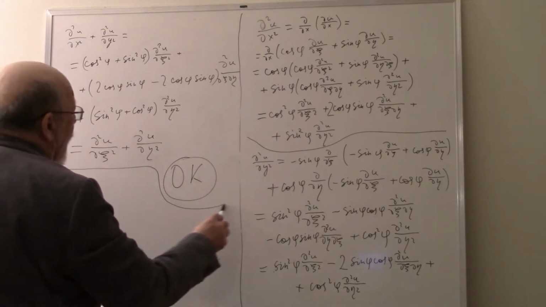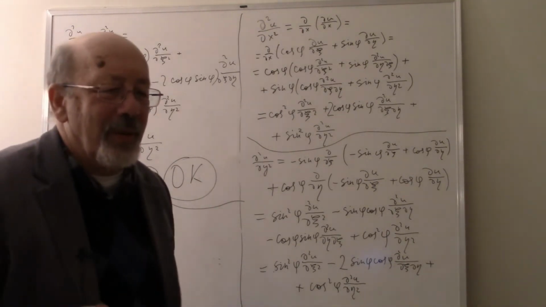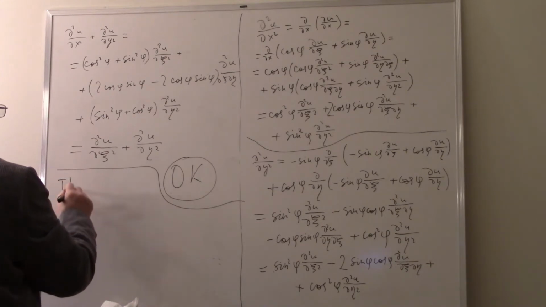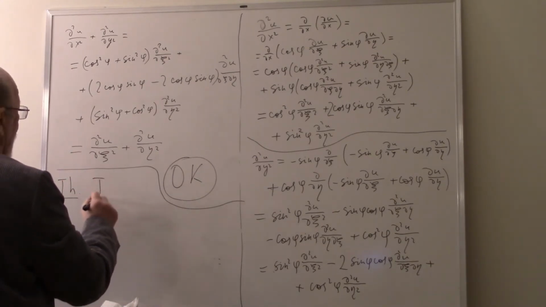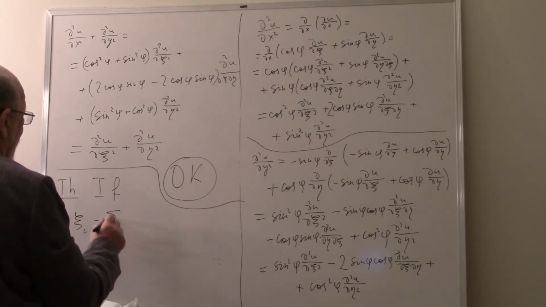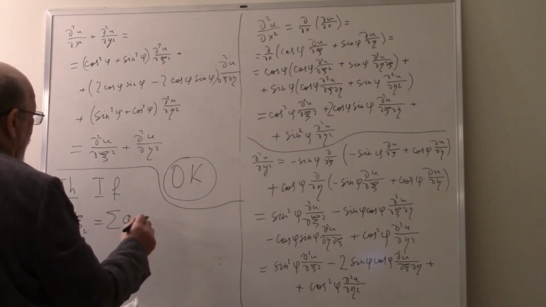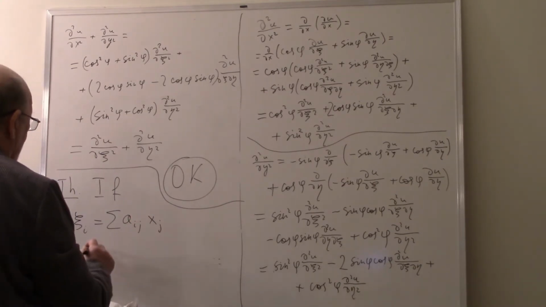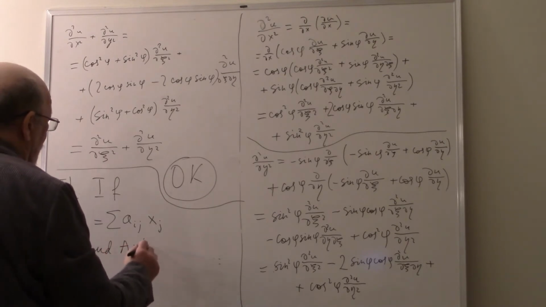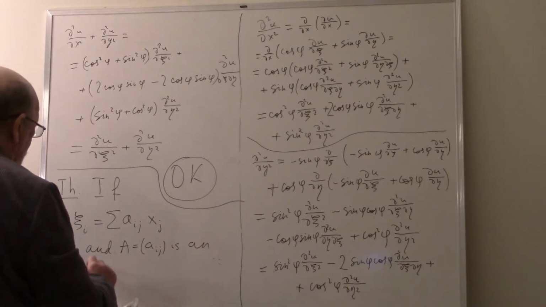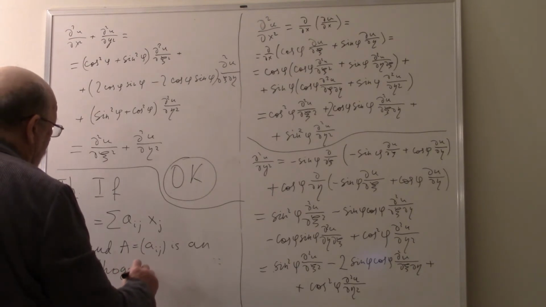Now I proved this in 2 dimensions, and the theorem holds in general: if ξi equals sum a_ij x_j and a_ij is an orthogonal matrix.